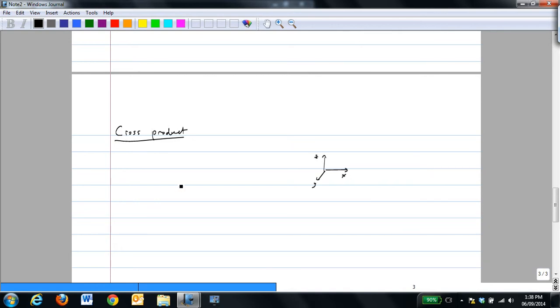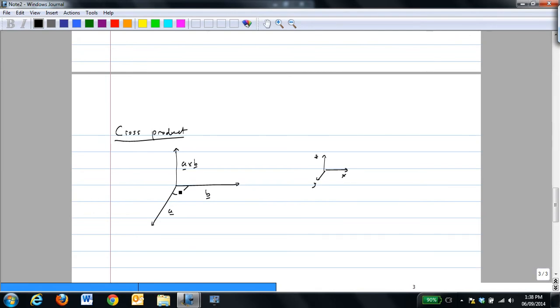And let's say we have one vector A that is just lying along the x-axis. We have one vector B that is just lying along the y-axis. And when we take the cross product of A cross B, we will get another vector, which will lie along the z-axis.